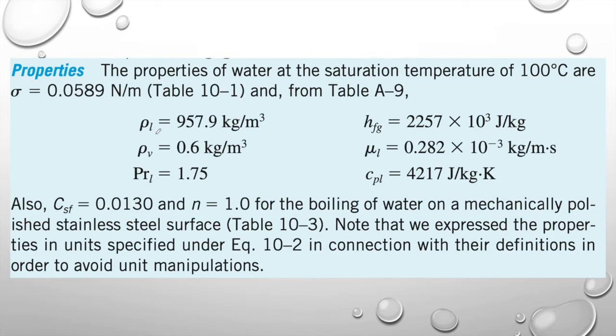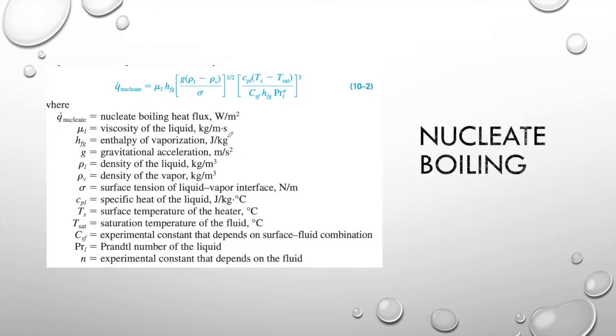The rest of the properties are referred to table E9 at 100 degrees Celsius. For example, in the nucleate boiling heat flux equation we have rho liquid, rho vapor, C_pl, h_fg and the Prandtl number.